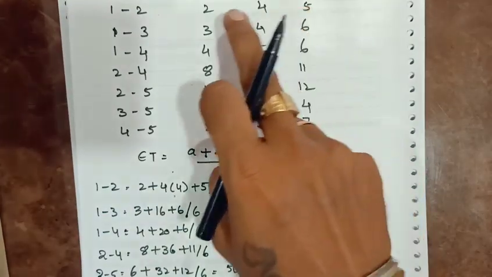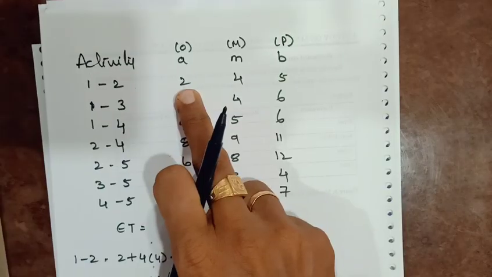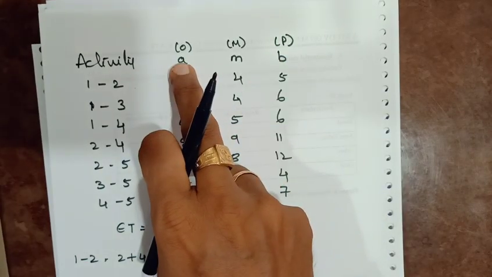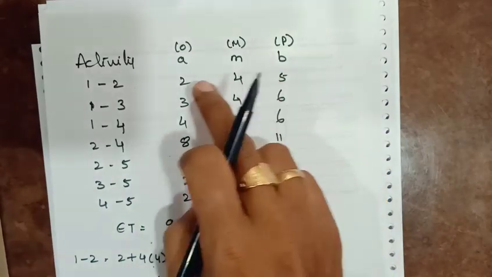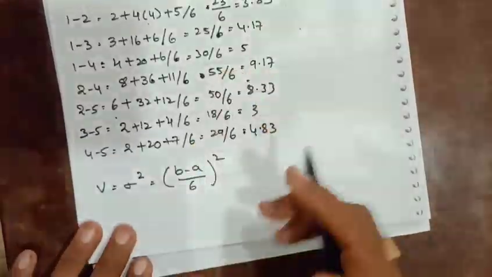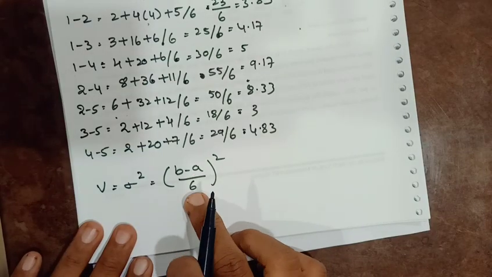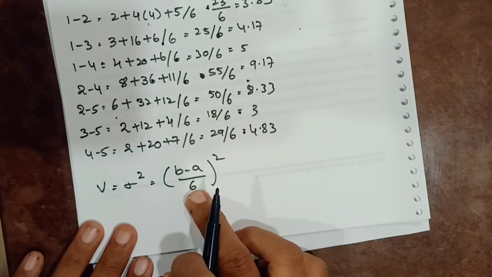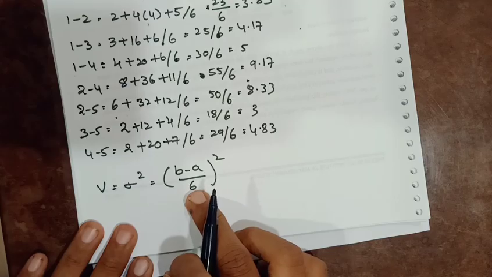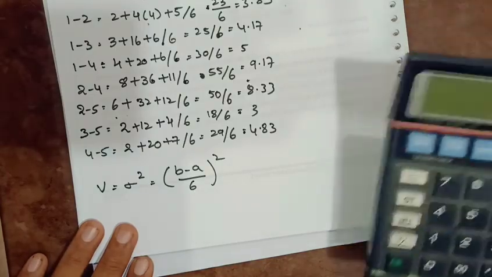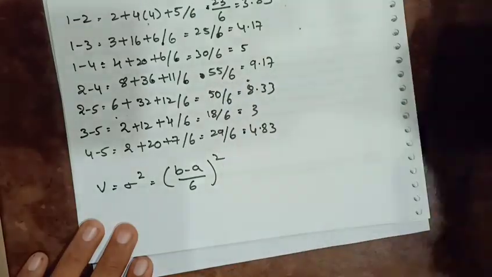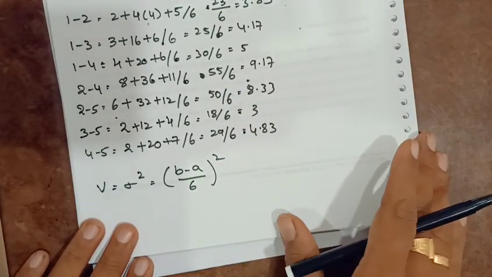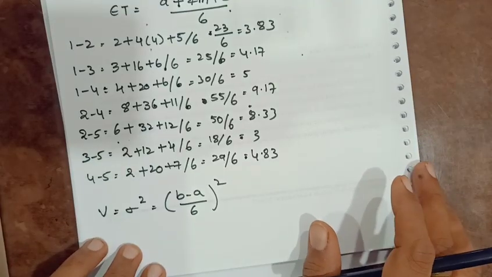For the first activity, 5 minus 2 is 3, and 3 divided by 6 is 0.5. 0.5 whole square is 0.25.